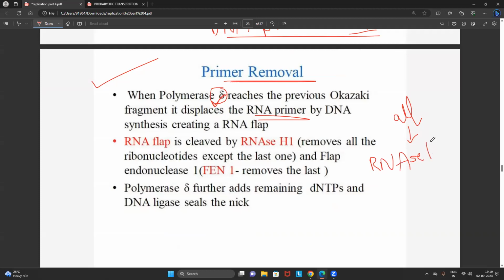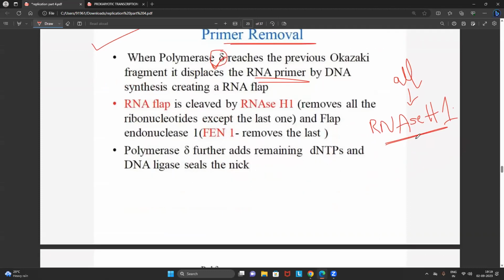What is the name of that particular important enzyme? RNase H1. RNase H1 is the name of the important enzyme which removes all the primers except the last one. This is the question which we got in the exam. RNase H1 removes all the primers except the last one.